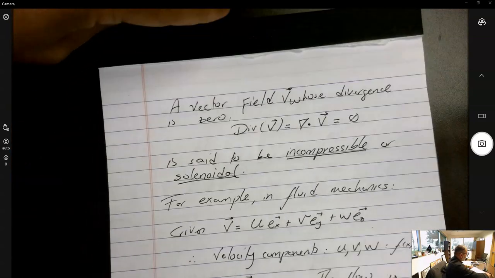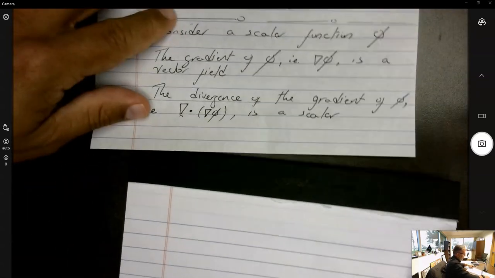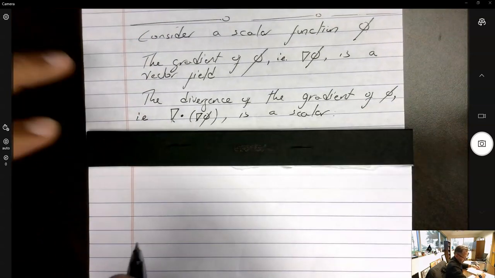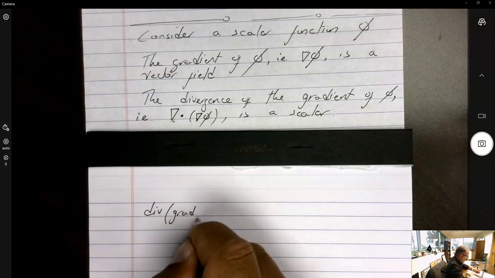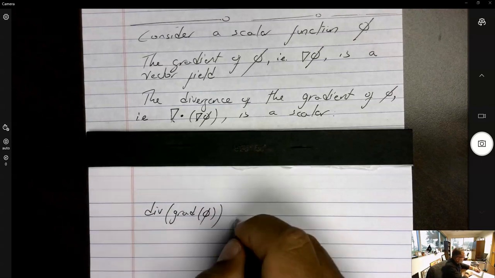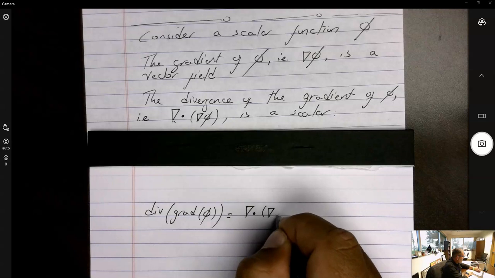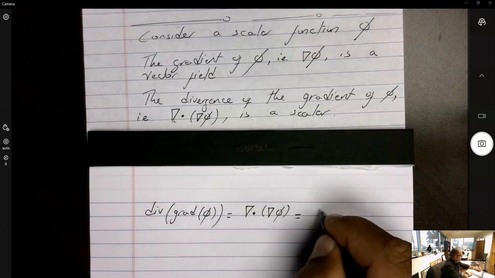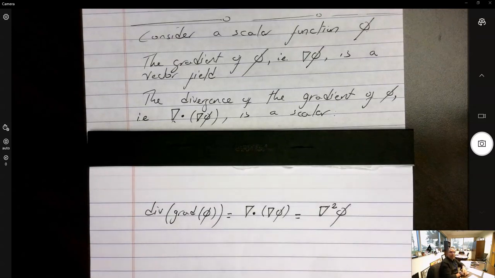So let me go to another page. The divergency of the gradient of a potential function or scalar field phi can be written as del dot grad of phi, or del dot del phi, and the shorthand notation for this is nabla square of phi.